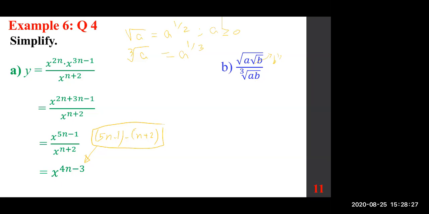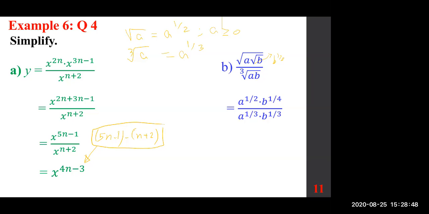So when a comes out, it becomes a to the power of 1/2, but when b comes out it is b to the power of 1/2 and then times 1/2, which is b to the power of 1/4. The other thing I want to add, it might be helpful, is the following.